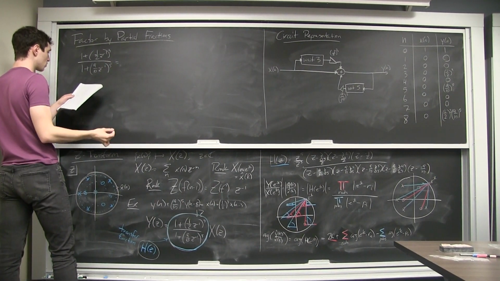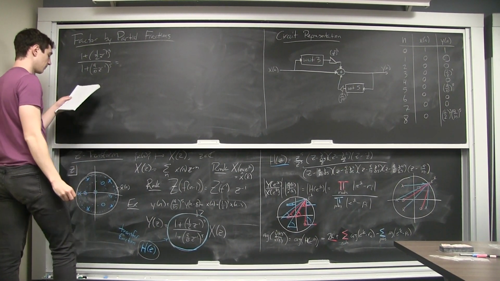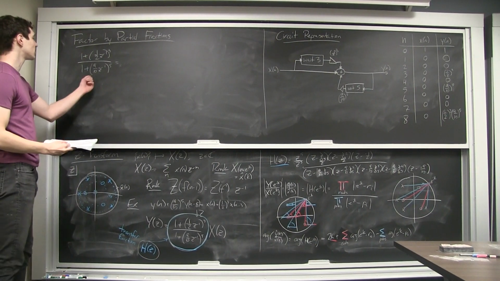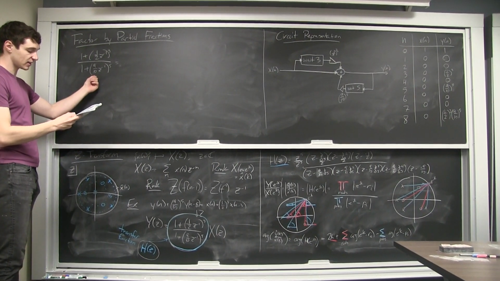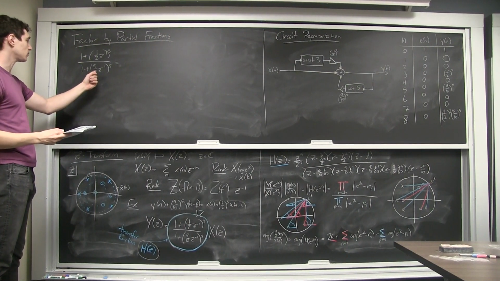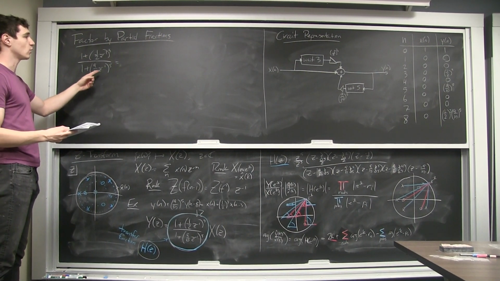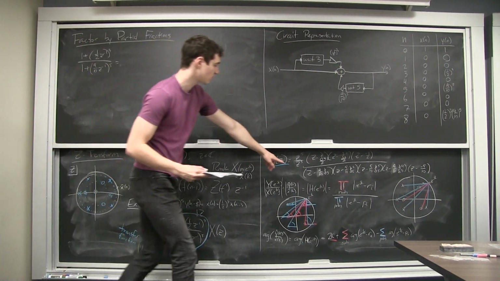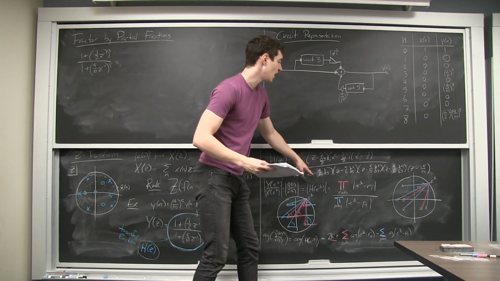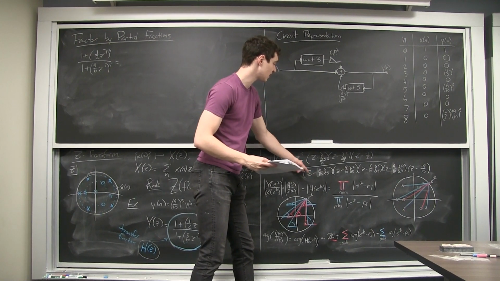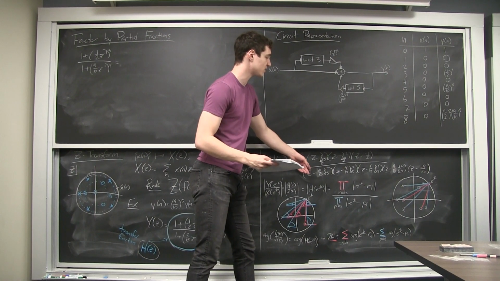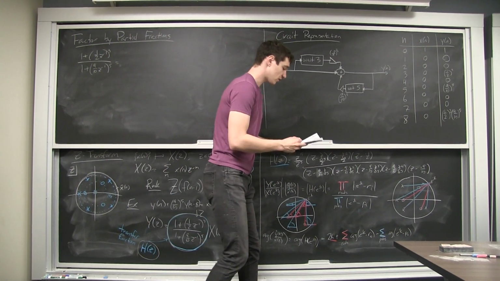If we factor this by partial fractions over the denominator, there are 2 ways that you might think to do this. One is to get it entirely in terms of order 1 things in the denominator. So we factor the denominator like this, and then decompose by partial fractions. And that's going to give you a pole residue representation of this meromorphic function.